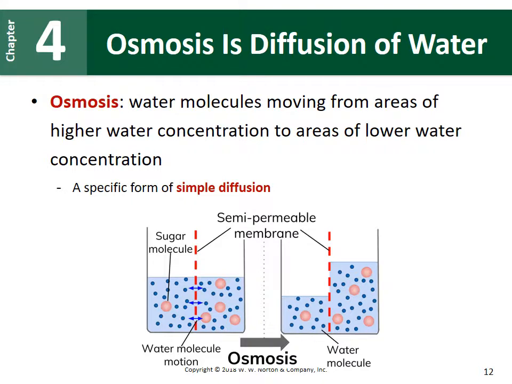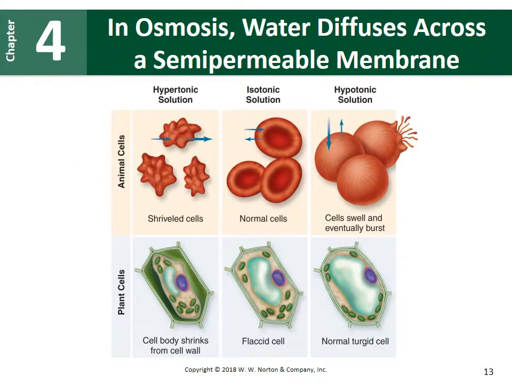A special type of simple diffusion is osmosis. And osmosis is when we have water molecules moving from areas of high concentration to areas of low concentration. And this osmosis, this is going to set up different environments for our cells. And those different environments are referred to as tonicity, and there's 3 different types of environments.